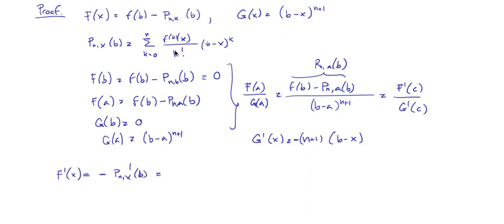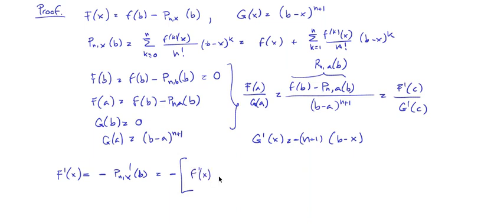And this expression is minus, and then we have, when k equals 0, f at x, plus the sum from k equals 1 to n of the kth derivative of f times (b minus x) to the k divided by k factorial, right? Now the first term is f prime, right? And then we have the sum from k equals 1 to n, and then the derivative of this.